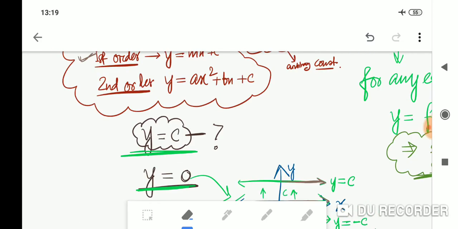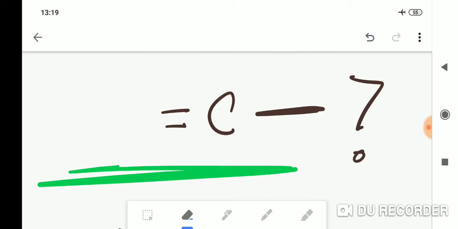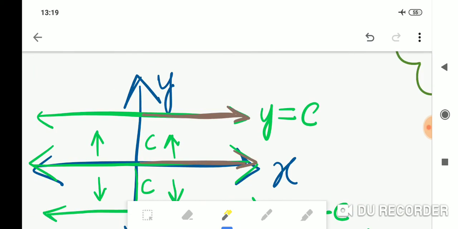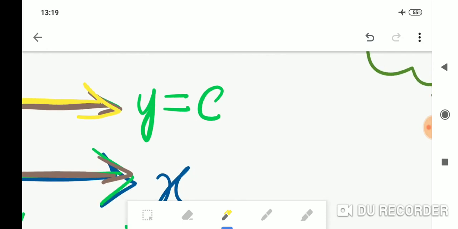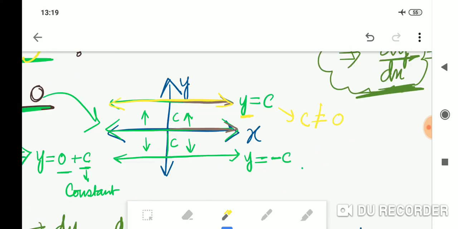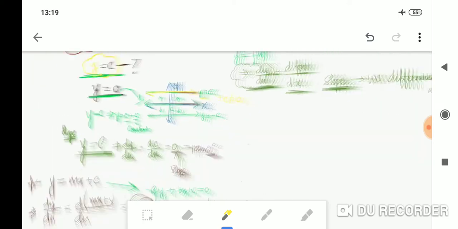Okay, so we can see this: y equal to c. The graph for this never crosses the x-axis, so its solution is imaginary. You can see, putting y equal to 0, we get c equal to 0, but c is never equal to 0, so its solution is imaginary, so it never crosses the x-axis.